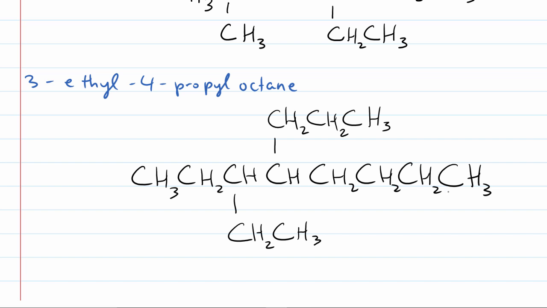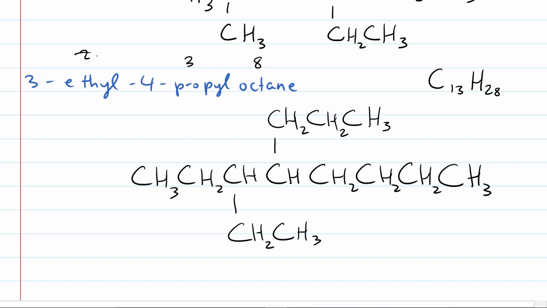Now, what you should be able to do is to count carbon atoms. You can also count them based on their names. Eth means 2, Prop means 3, and Oct means 8. So 2 plus 3 plus 8 gives us 13, which means that the number of hydrogens should be 28.